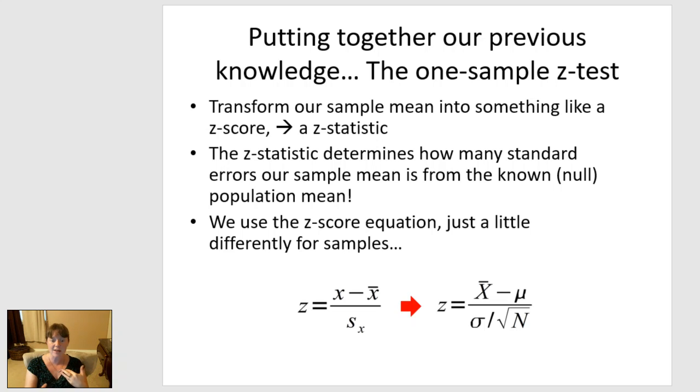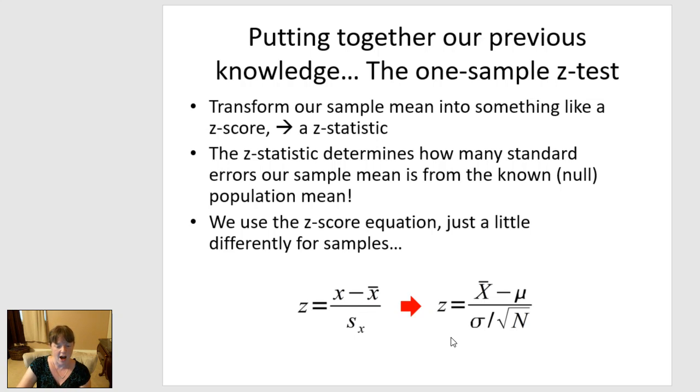So we're going to calculate a z-statistic, which is a lot like a z-score. This equation is how we standardized this person's x. My score of 80, we standardized into a z-score, which told you how many standard deviations I was away from the average.